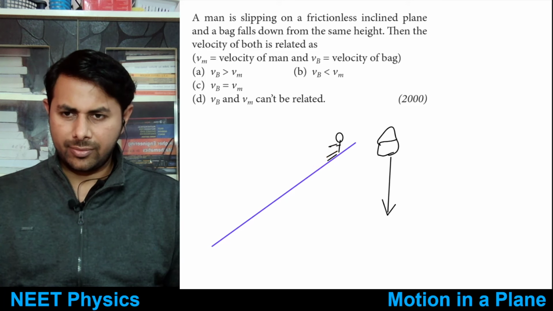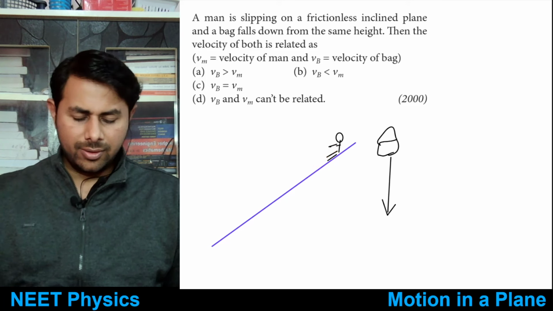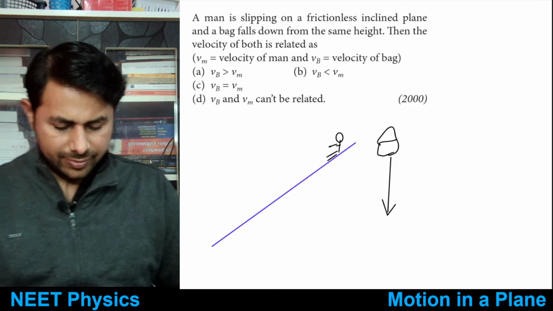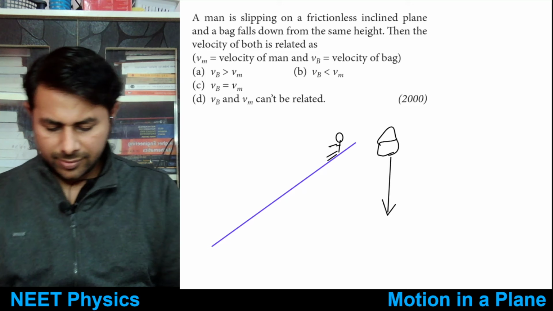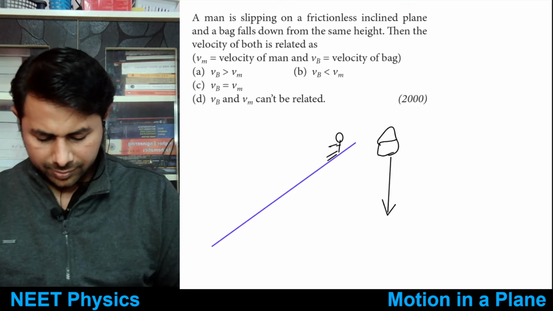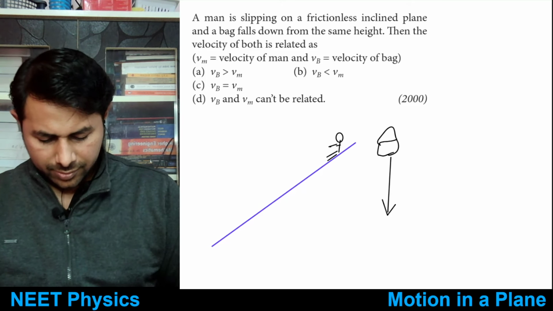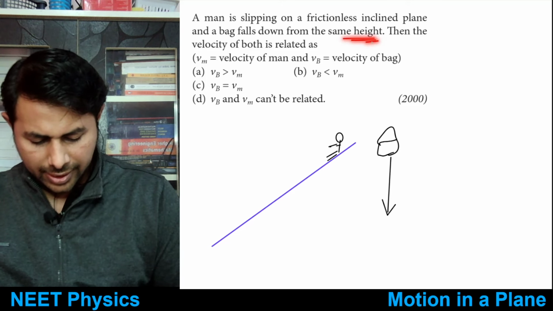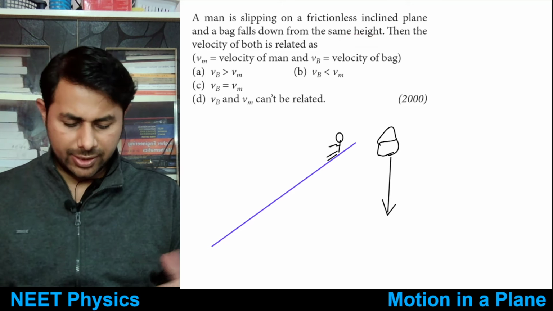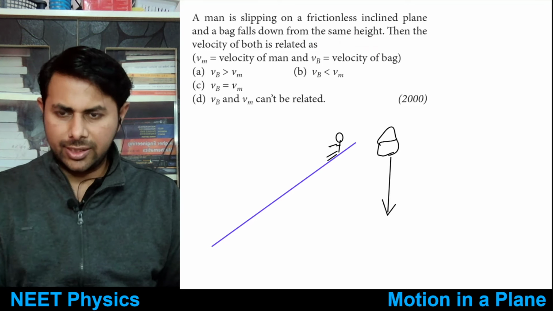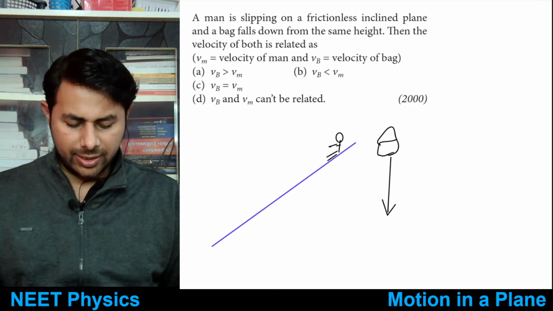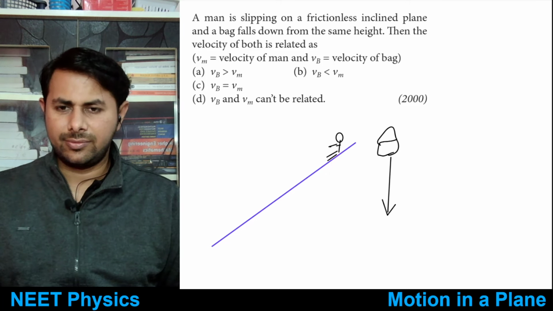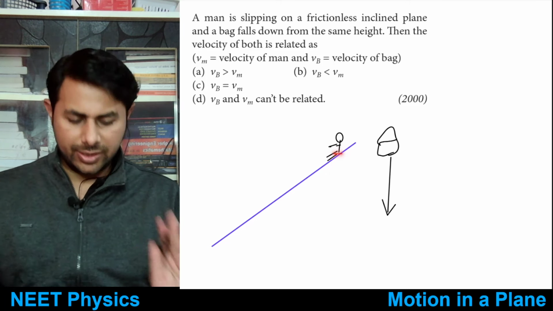Okay. But here you can think of it this way. Now it's not given whether they cover equal distance or different distance. So we need to take it for granted that they fall through the same height.